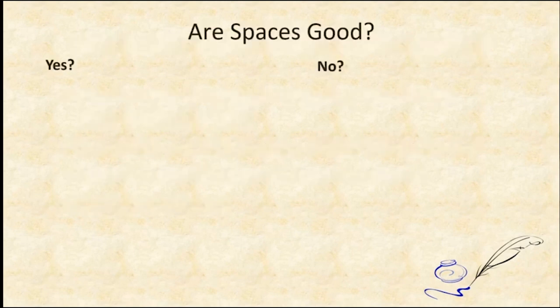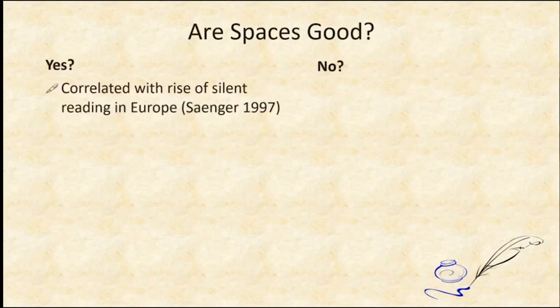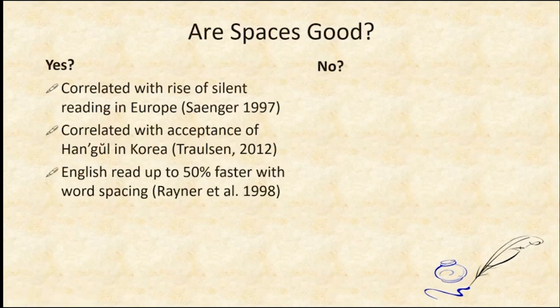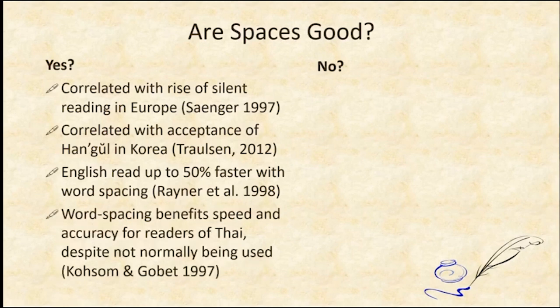Now, those of us coming from European languages are quite used to spacing. And we can stop to consider then, is this a good thing? Possibly. Spaces are correlated with the rise of silent reading in Europe. They're correlated with the acceptance of Hangul in Korea. English is read up to 50% faster with word spacing.